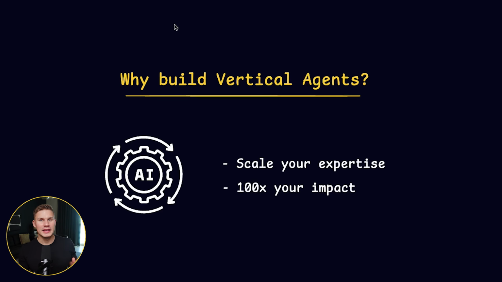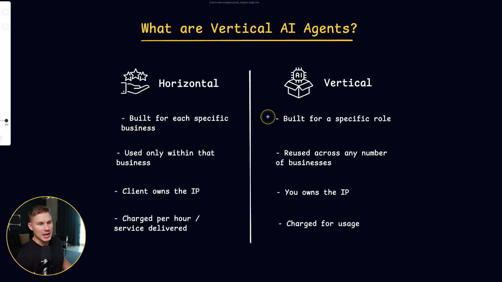So now let's review again what exactly vertical AI agents are, because even my understanding since I recorded that video has shifted significantly. The primary difference is that when you build vertical AI agents, you typically build them for a specific role, while if you build horizontal AI agents, you build them specifically for each business.